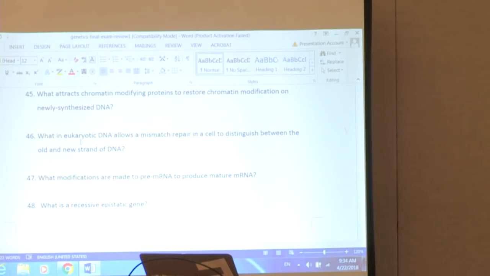And now we'll think about epistasis. So what is a recessive epistatic gene? Yeah, exactly, really good. So epistasis is about masking.